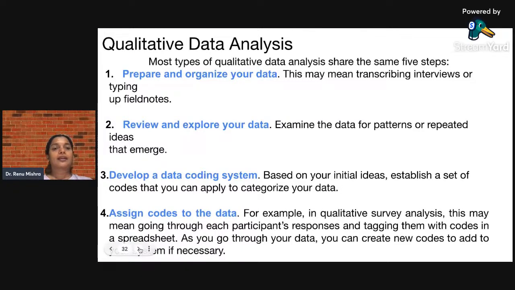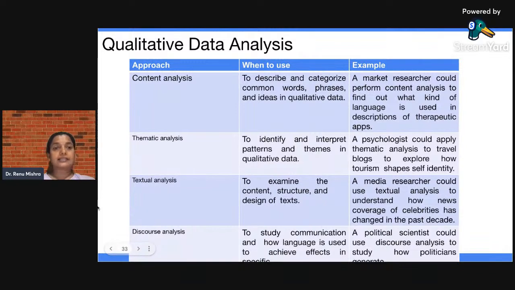Now, what are the approaches for that? When you're doing content analysis, let's say somebody said one word which is referred to by many, you explain what exactly that word or phrase meant, which is being repeated. Thematic analysis, you are explaining a theme. Here you're not talking about a word, you are explaining a theme.